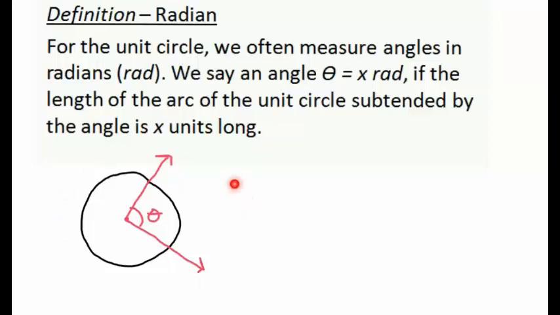So let's take a look at this picture. We would say that this angle here is x radians if this arc of our circle happens to be x units long. So I'm going to draw that arc in blue, and we're going to say that this is x units. If this blue arc is x units, we would say that our angle is x radians.